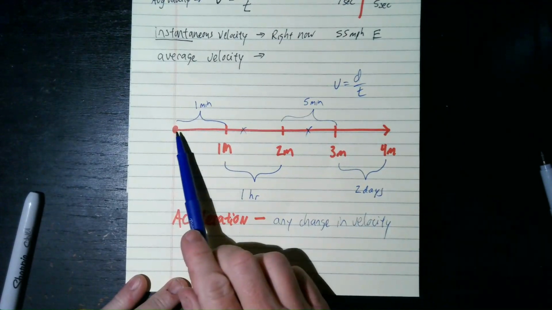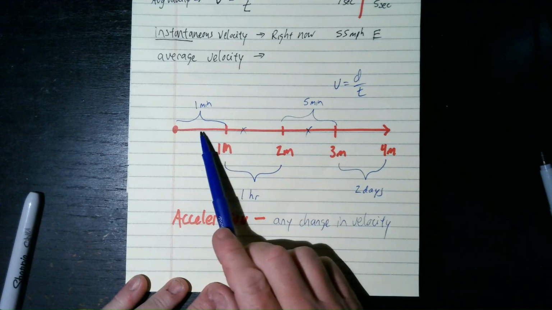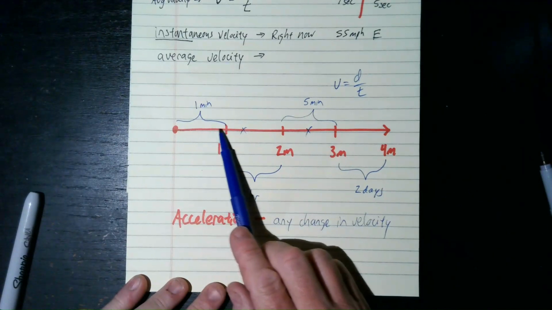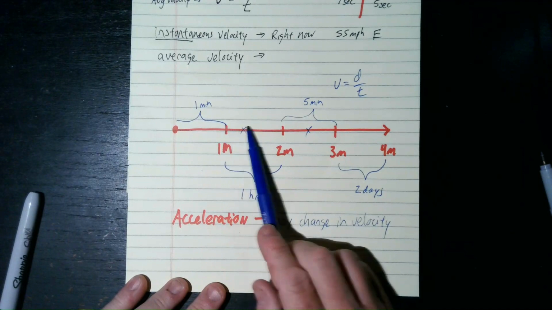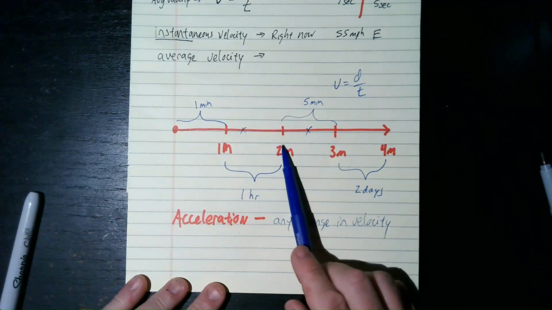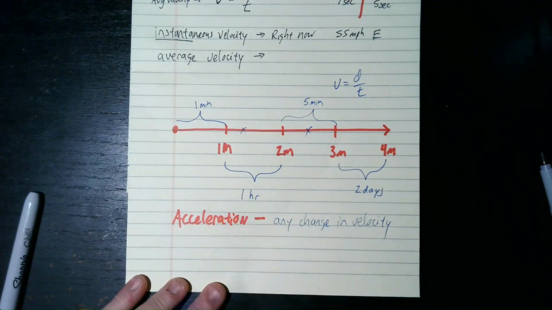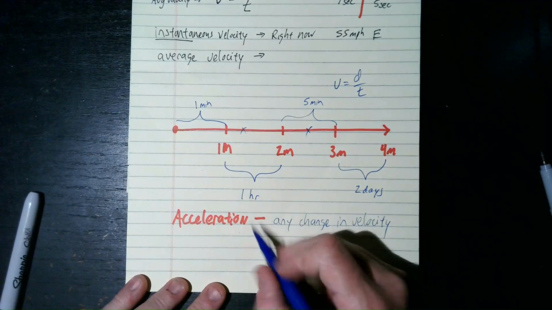And if we think about this trip right here, you can see we were having a distinct change. Our velocity from here to here was different than our velocity from here to here because the same meter took us longer to cover. Well, a change in velocity is what acceleration is.